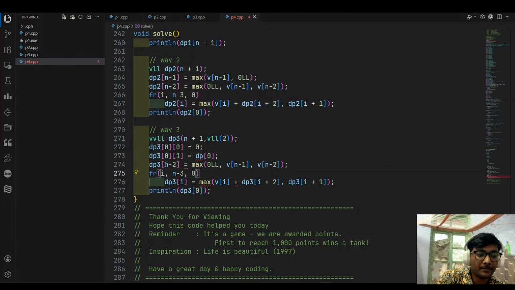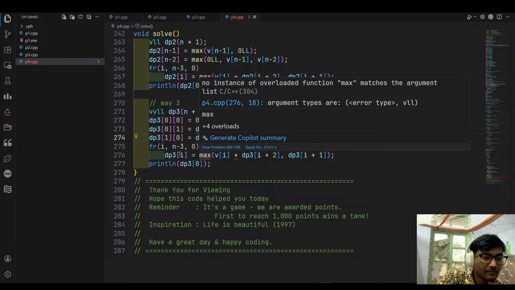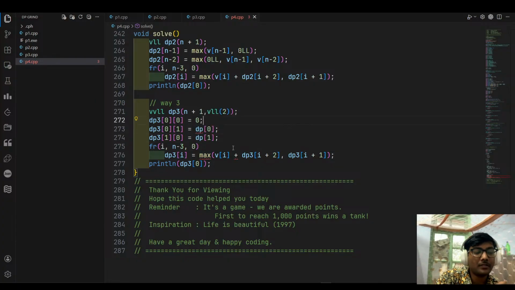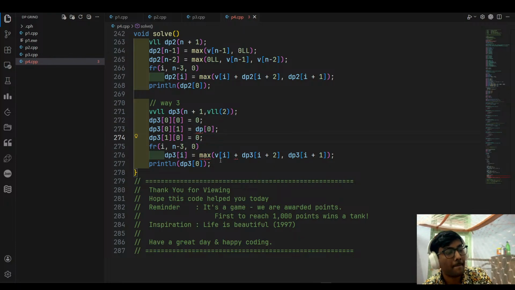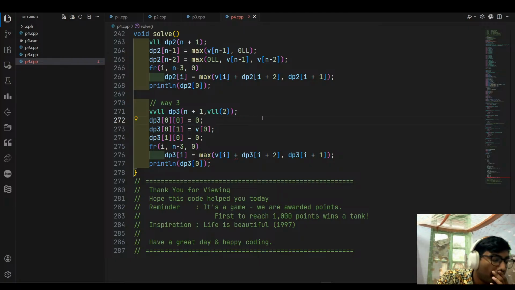If I decide to pick up the first element, then it should be v of 1. Of course, if I decide not to pick up the first element, the answer should be 0. If I've decided to pick up the first element, then the answer should be v0.